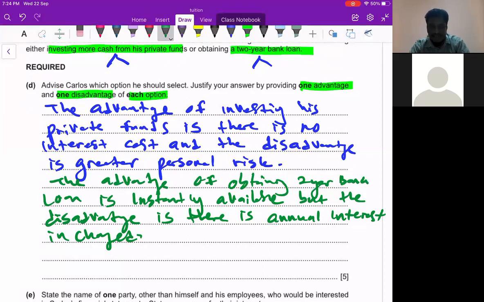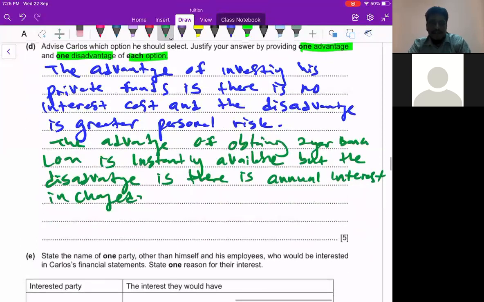The bank will ask for security. The relationship with the bank may be worsened if unable to pay the debt. Don't talk about that. Okay, don't talk about unable to pay. So now we are considering it's either our money or bank money. We didn't talk about unable to pay. That one's a future thing. We talk about the current situation only. Okay, we need to pay the interest, or we need to pay back, or the bank may require security, which we may not have because we are a sole trader.